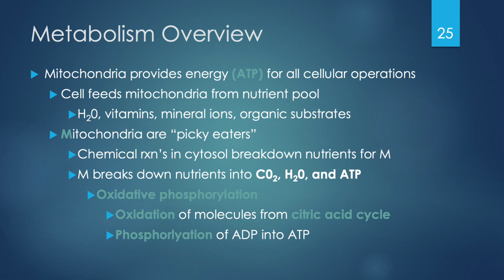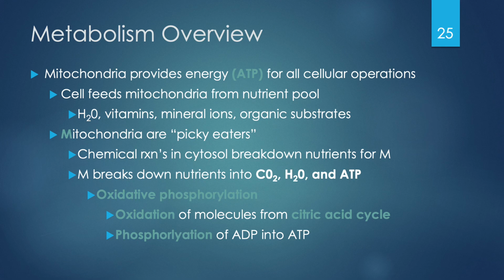So let's talk about mitochondria a little bit more. The chemical reactions that occur in the cytosol are essentially just breaking down nutrients, so that way the mitochondria can take them in. When you see the letter M here, I'm just abbreviating mitochondria. When the mitochondria break down nutrients, they break them down into carbon dioxide, water, and ATP. That is the main goal of mitochondria. Carbon dioxide and water are two byproducts, but the main purpose of mitochondria is to generate adenosine triphosphate.